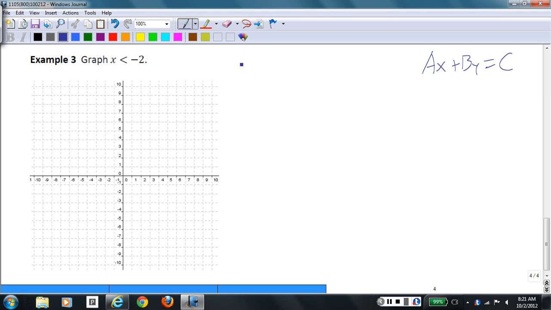So we want to graph x equals -2 as a solid or broken boundary line?